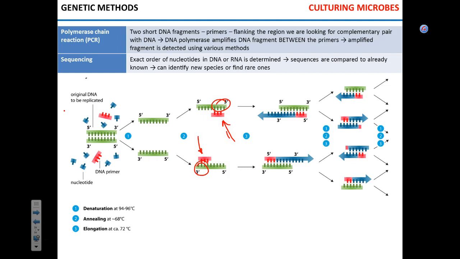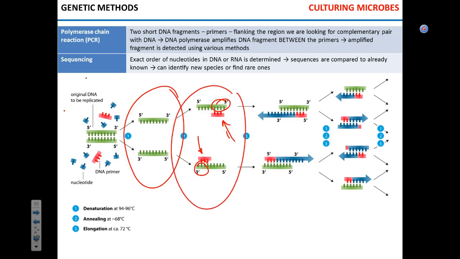And then we're going to heat up the DNA of E. coli, or our sample that we suspect is E. coli, and we're going to add primers, and primers will bind to these individual DNA strands.